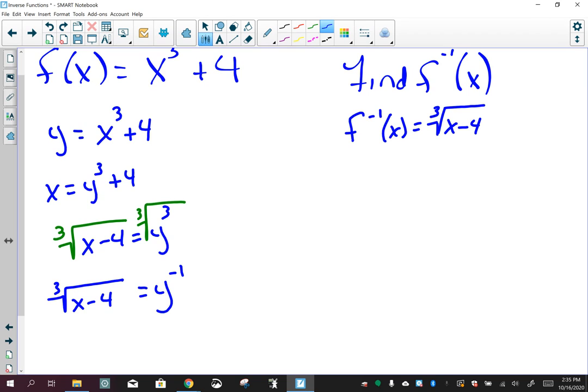Or if you already have a square or cube, you have to do your roots for it. Making sure you're trying to focus on getting that y by itself. Don't forget to divide. Watch your signs. The biggest one is watching the signs. A lot of people forget to watch their signs when they go through this whole entire thing. So, all right. Let me give you one more to try.